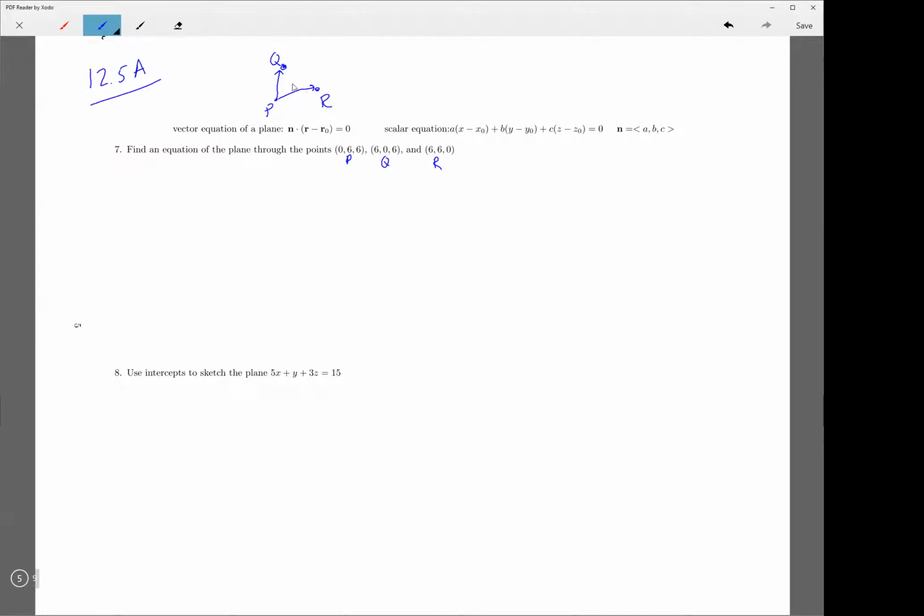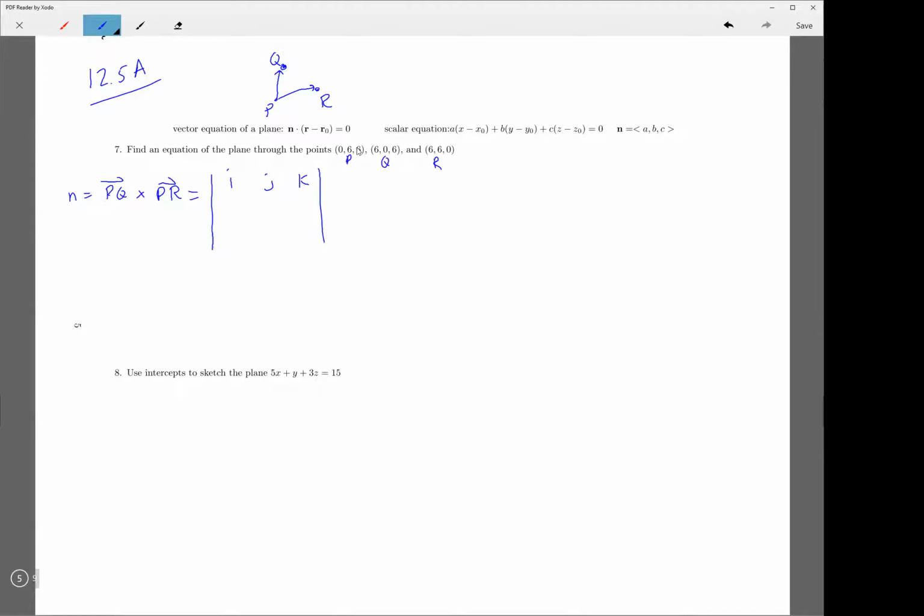But that means it's going to be normal to the plane, right? Okay, so our normal vector is going to be the cross product of PQ and PR.